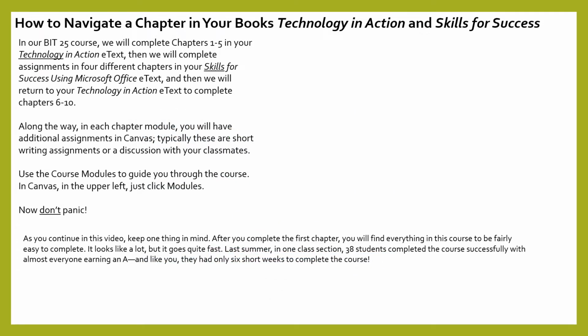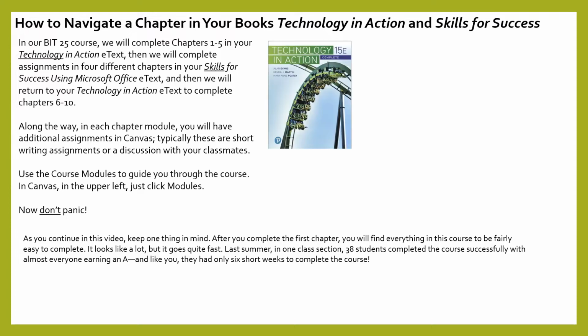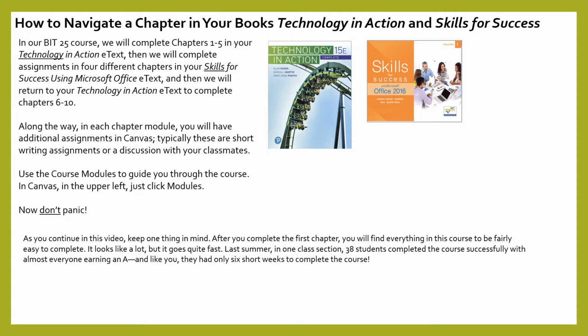How to navigate a chapter in your books, Technology in Action, and Skills for Success. In our BIT 25 course, we will complete chapters 1 to 5 in your Technology in Action e-text. Then we will complete assignments in 4 different chapters in your Skills for Success using Microsoft Office e-text.